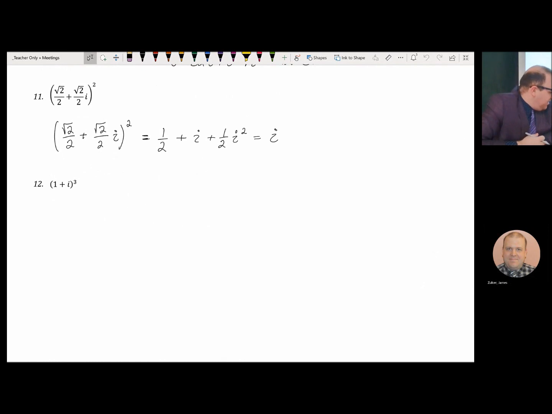One plus i cubed. Couple ways we can go about this. Could write that as 1 plus i squared times 1 plus i. Right, FOIL out the 1 plus i squared, simplify it, and then multiply it by 1 plus i.